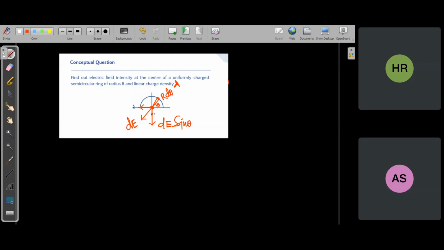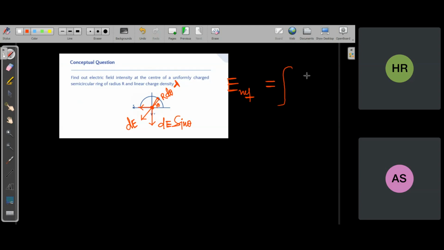So the net electric field at the center will be simply the integration of dE sine theta, because the cos theta components will cancel.